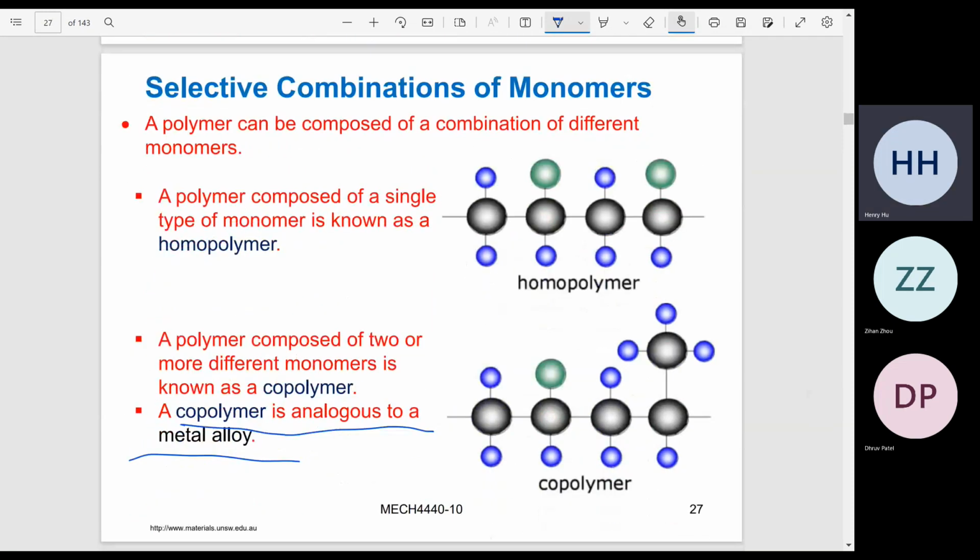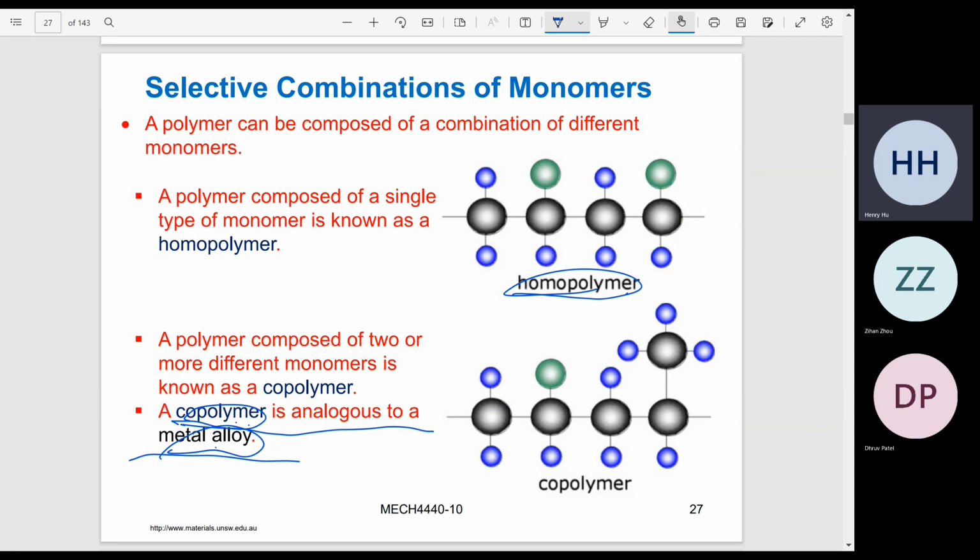If you only have one type of mer involved in the polymer, it's called homopolymer, okay. And if you have 2 different types of mers involved in the polymer material, we call it copolymer. The copolymer is more or less like, not exactly the same as, the alloys.